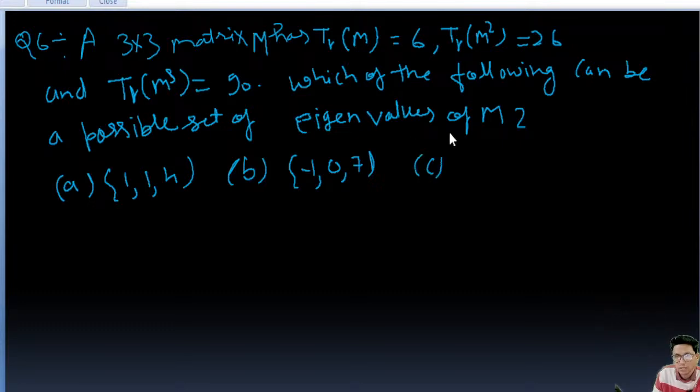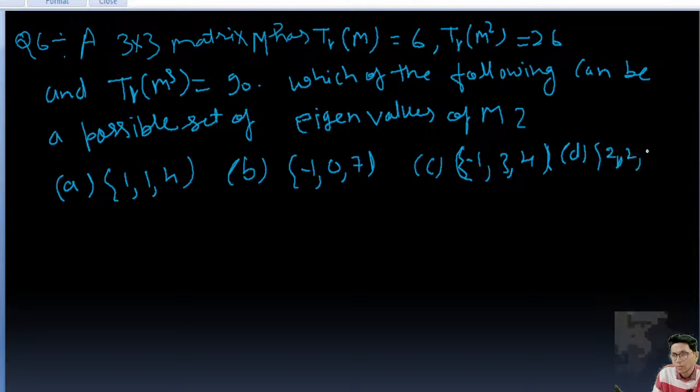Option C is minus 1, 3 and 4, and option D is 2 comma 2 comma 2.